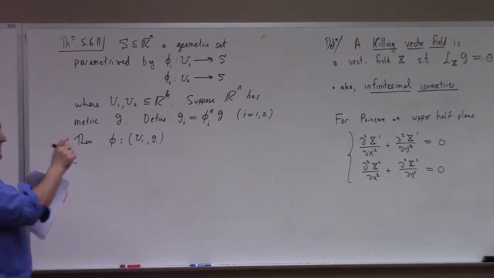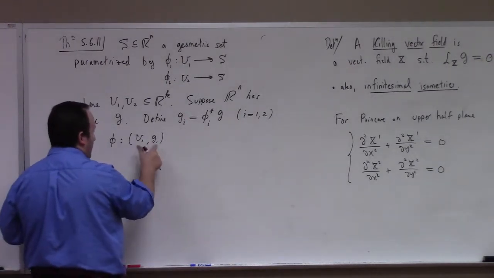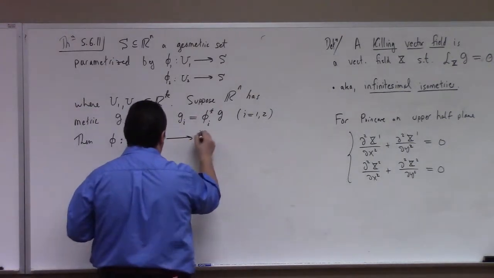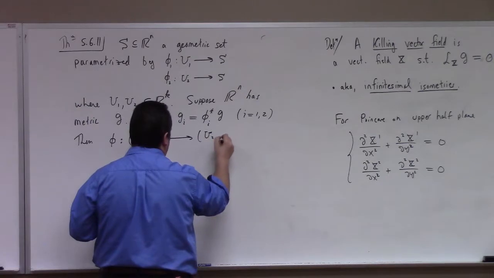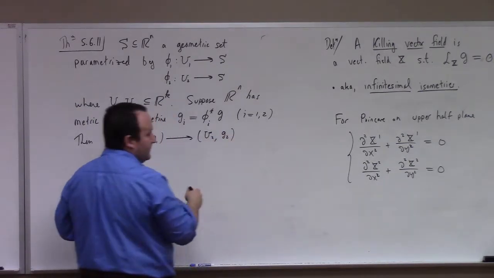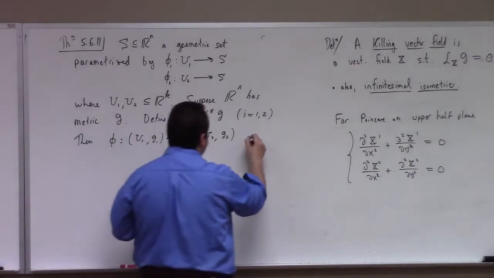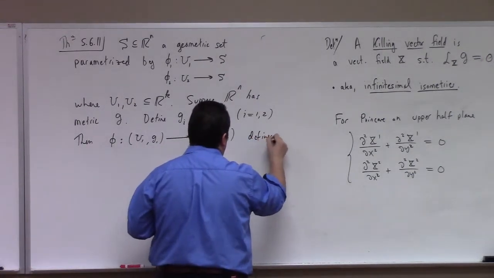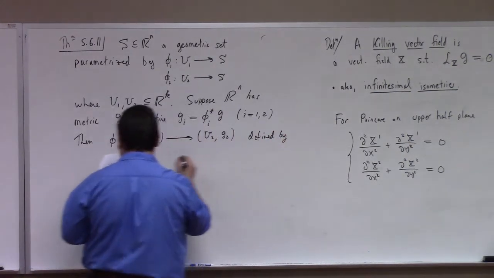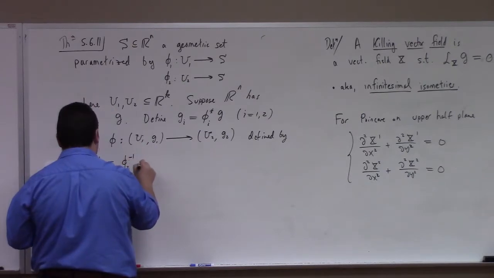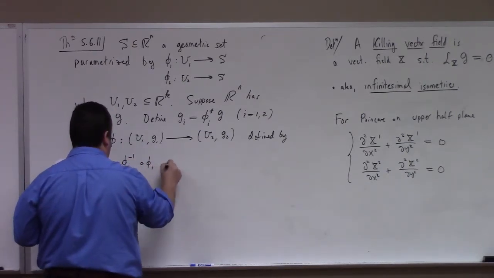That's just a fancy notation for the set U1 paired with the metric G1, to the set U2 given the metric structure G2, that pullback metric there, defined by phi equal to phi2 inverse composed with phi1 is an isometry.